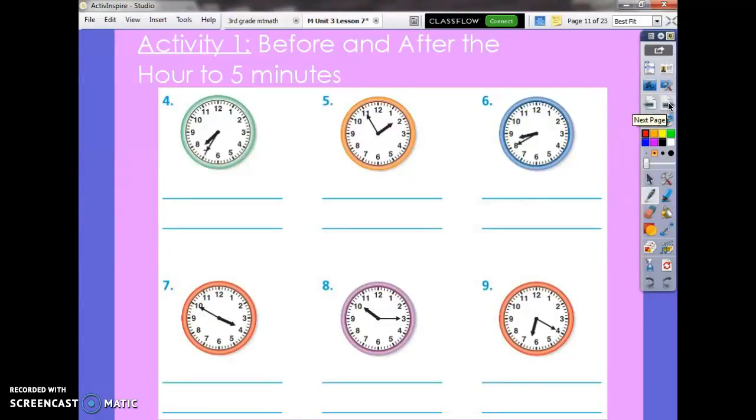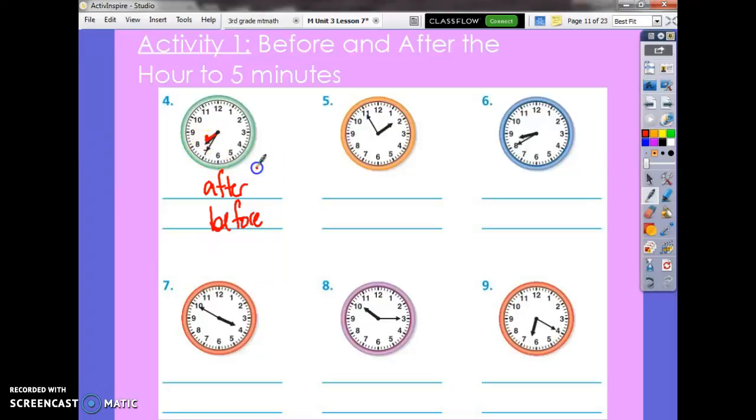Number 4. It says before and after the hour to 5 minutes. Okay, so same thing. We're doing the same thing. Okay, so on number 4, here's my hour hand. So here's after, before. Okay. This is after what hour?